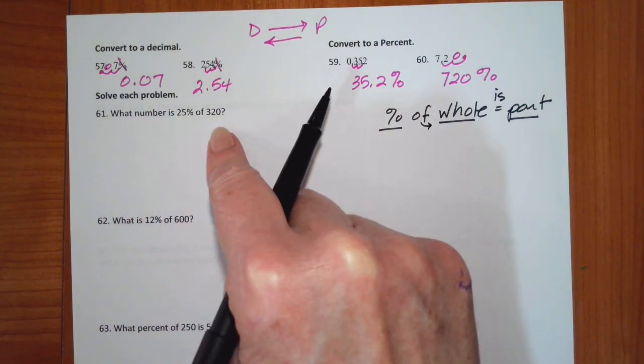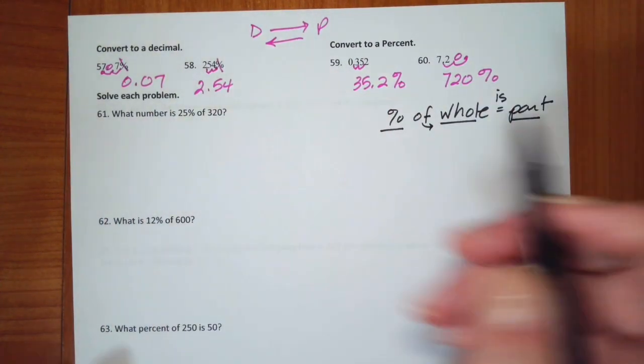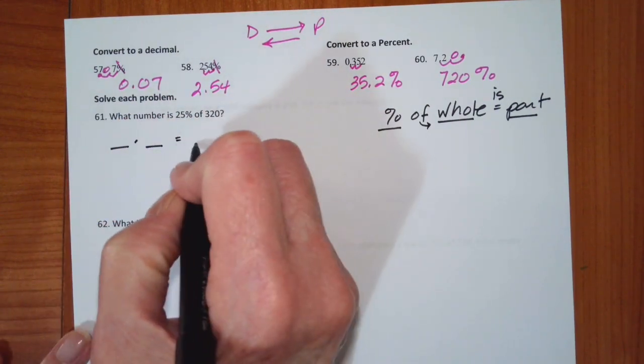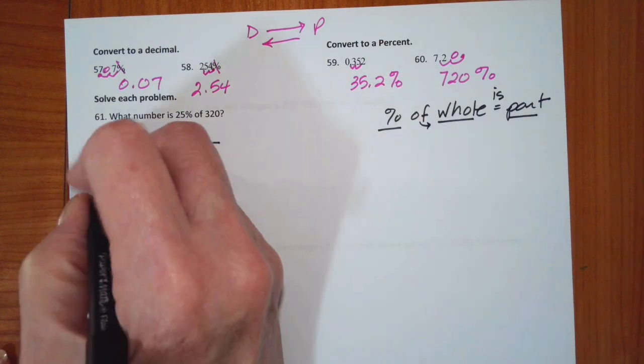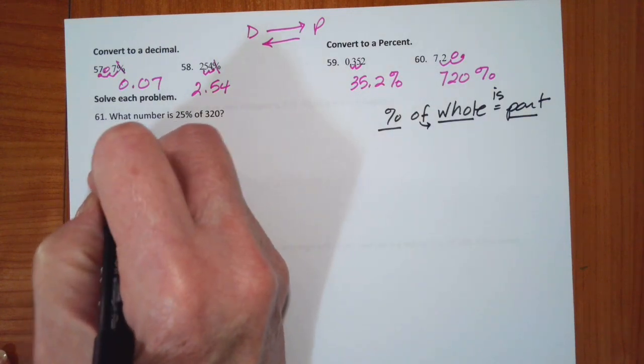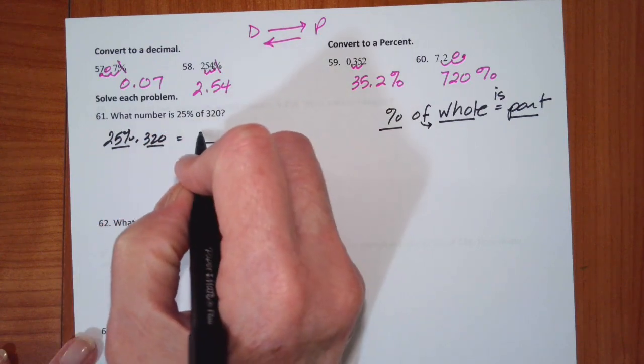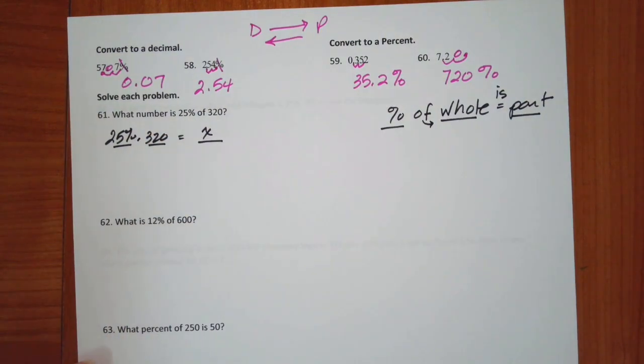So what number is 25% of 320? So something times something is something. Well, this is 25% of 320 is what I'm looking for.